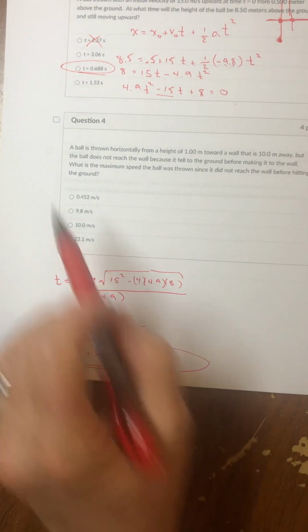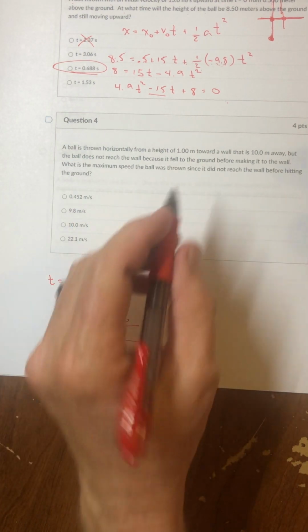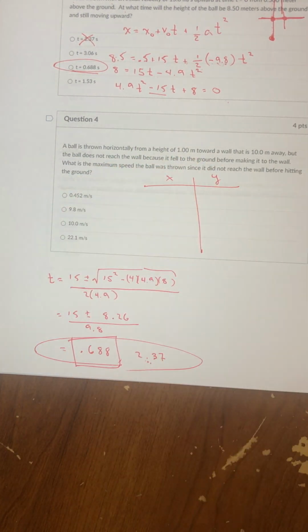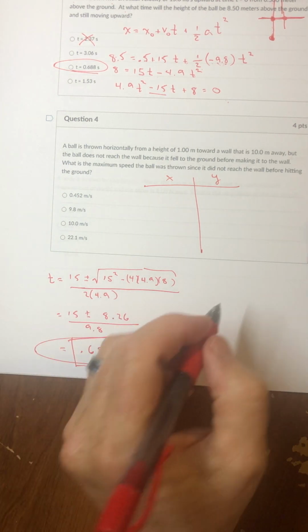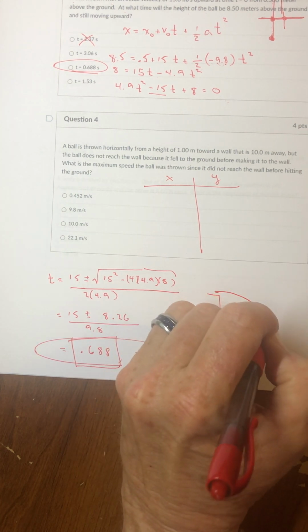All right, so number 4: a ball is thrown horizontally from a height of 1 meter. And I'm just going to split my page, as I kept telling you to do, into two pieces. A ball is thrown horizontally from a height of 1 meter towards a wall that is 10 meters away. So I guess it's going to look something like this.